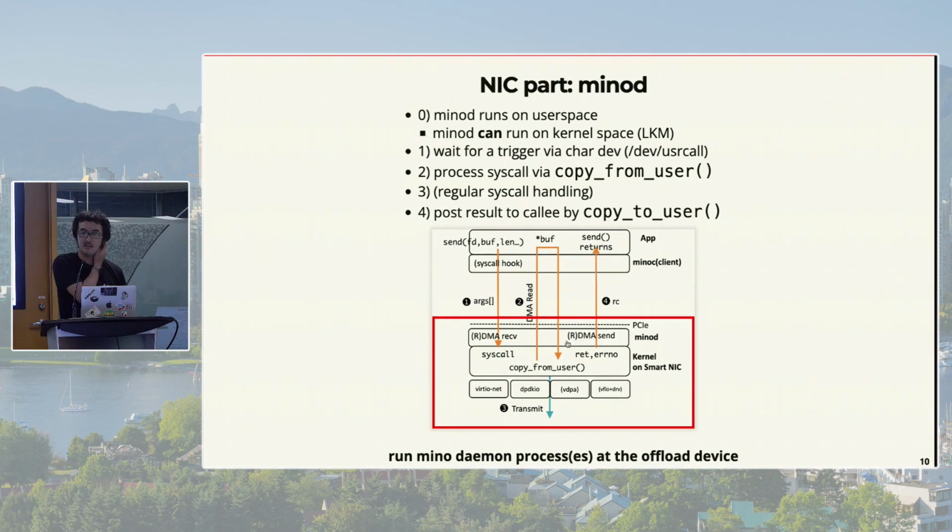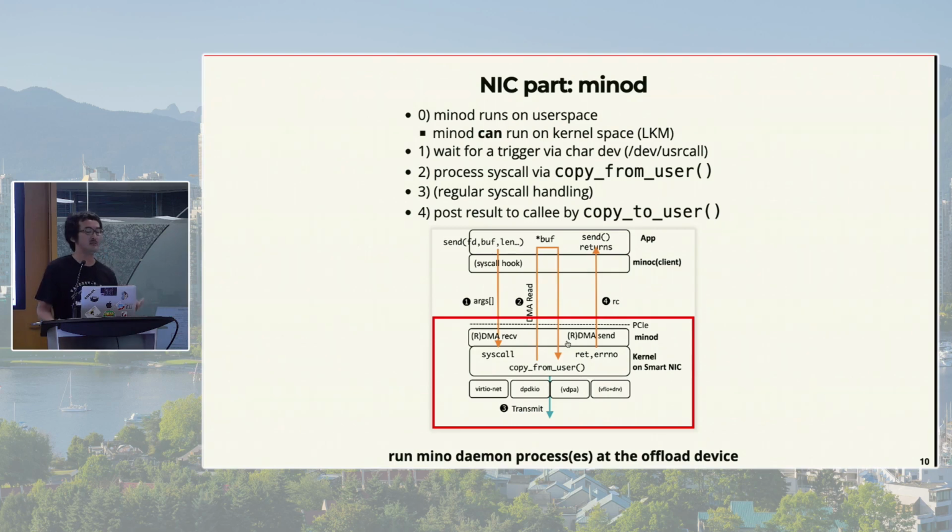And for the NIC part, you have to use the daemon program on the NIC side. This daemon program is currently implemented as a user space application, but it can run as a kernel module if we have another implementation. The daemon program waits for a system call request from the user space program through our own character device.